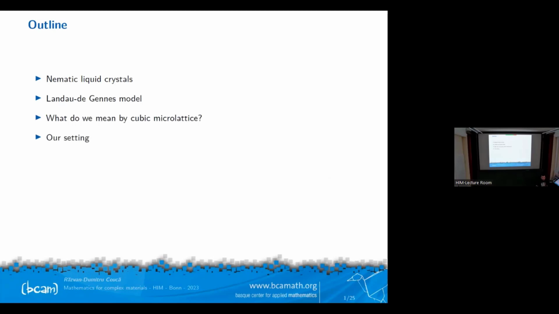Then I'm going to present the setting for the homogenization problem, and then, of course, the main homogenization result. Then I'm going to talk a little bit about a rate of convergence, so how fast those things are going to what we want. Then I'm going to make some particular choices, look at the Landau-de Gennes model and see some particular cases which are interesting from my perspective. And in the end, I'm going to talk a little bit about future work.